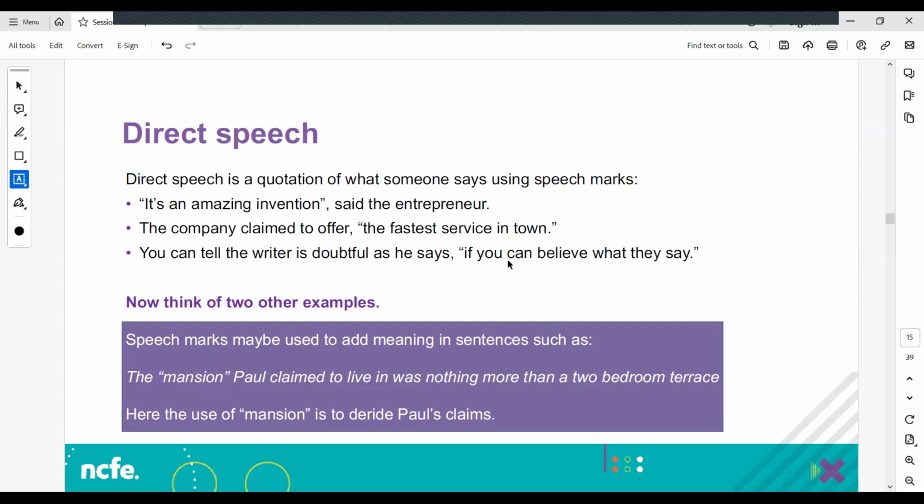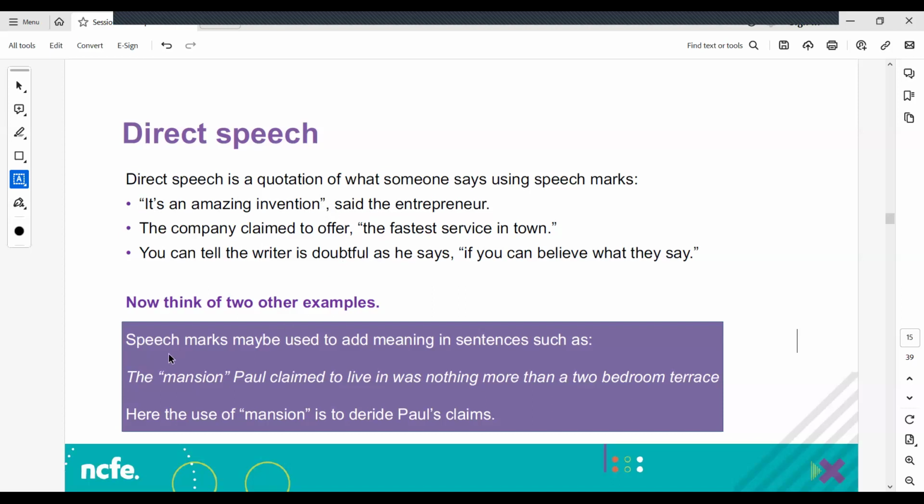So the writer, this is quoted from a text. Okay. So when they say what someone says, it could be spoken, it could be in some type of text, so some marketing or advertising literature, or a novel or a book or whatever it is. Okay, it's both types. So anytime you're quoting somebody else's words, whether spoken or written, then you need to use those speech marks. They're also called inverted commas.